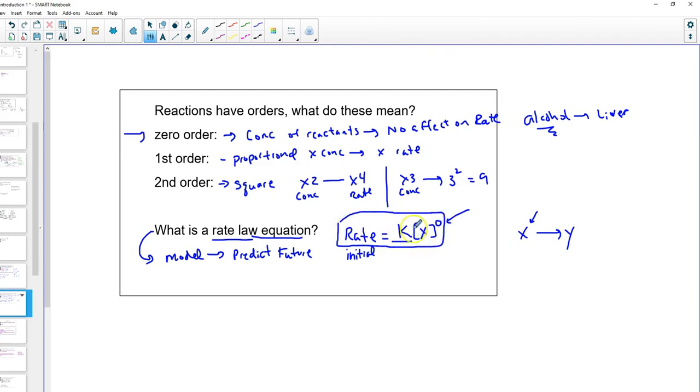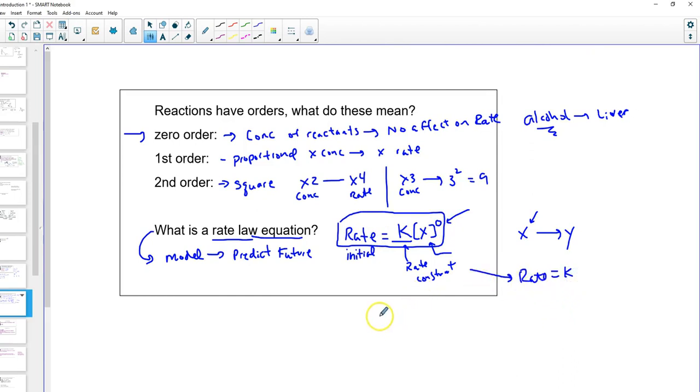If I were to plug a number in here for the rate constant, then no matter what I put in for the concentration, it's just going to stay the same. I could double this, but 0 power is 1, so it just stays the same. At that point my rate would equal K, whatever my rate constant is.